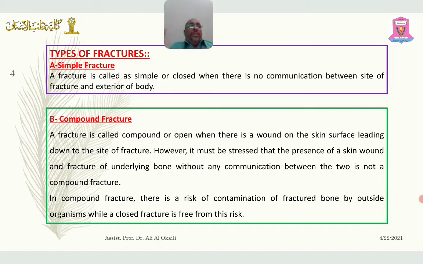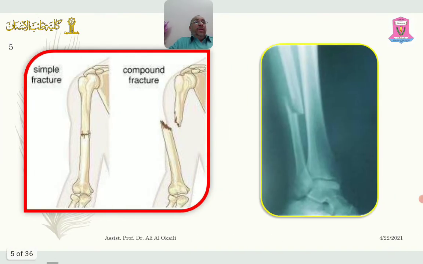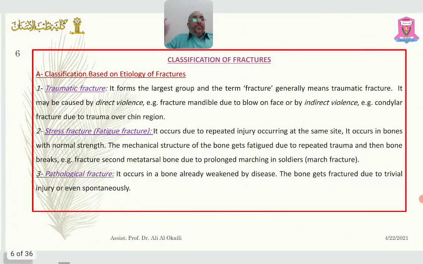In compound fracture, there is a risk of contamination of the fractured bone by the outside organism, while the closed fracture is free from this risk. يعني الدينجرس الأعلى تصير بالكومباوند fracture هو الكونتامينيشن، التلوث اللي صاحب الجرح للفراكشر سايت.